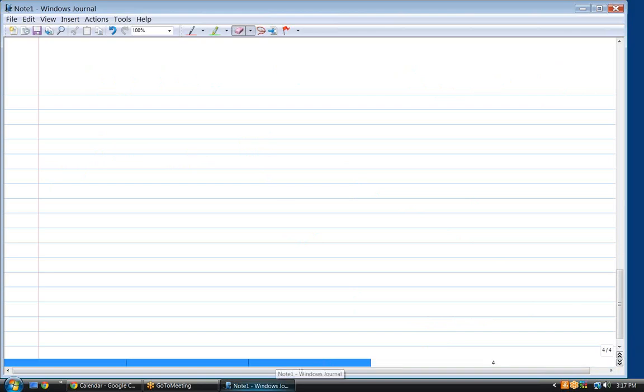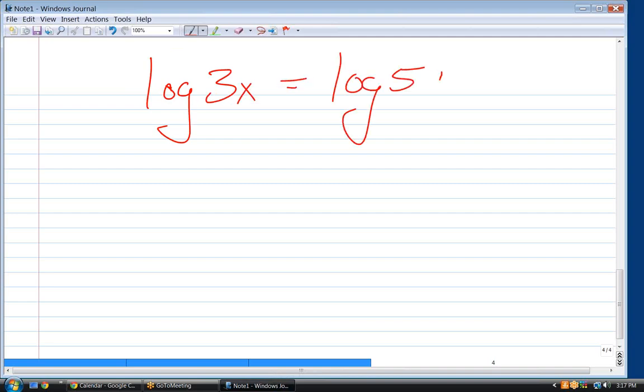Solve the equation log 3x equals log 5 plus log x minus 2, and we're assuming log is base 10. Did I do that right? Yeah. Okay.